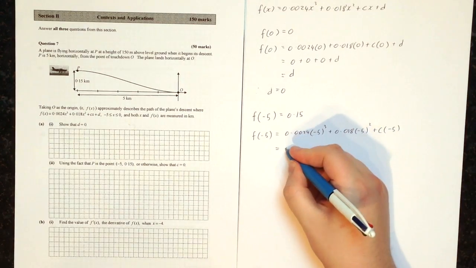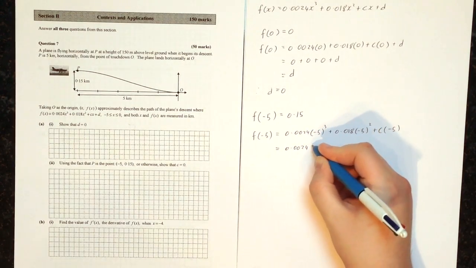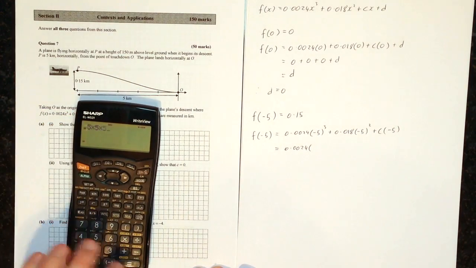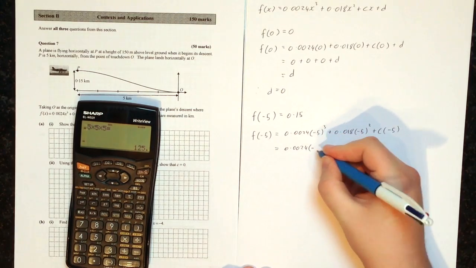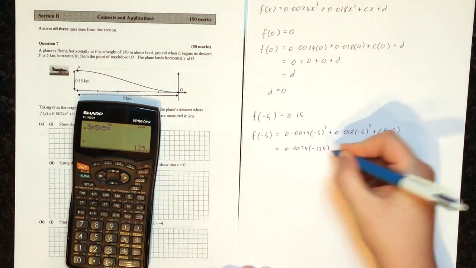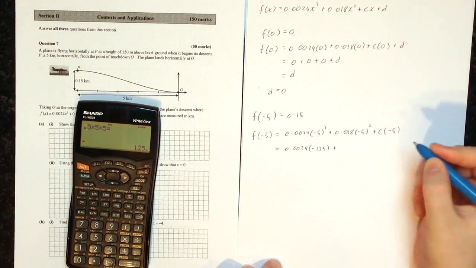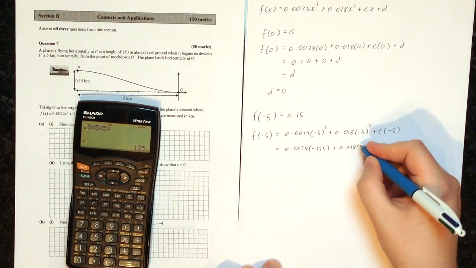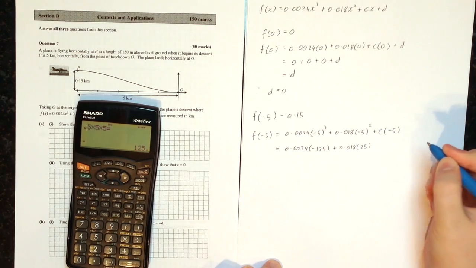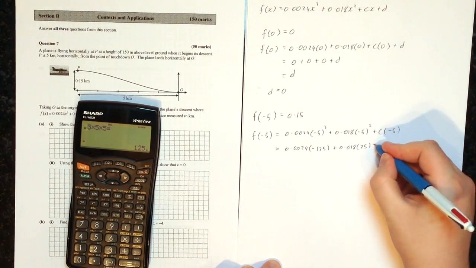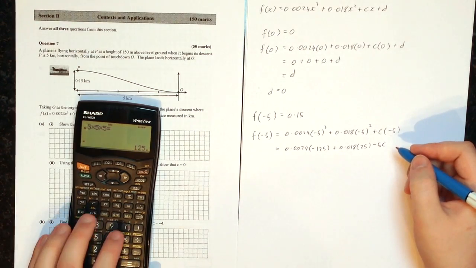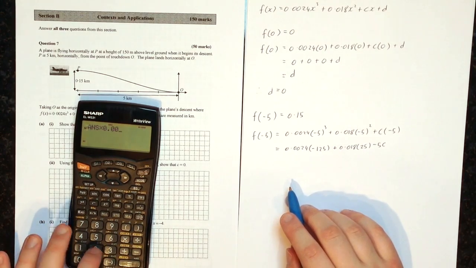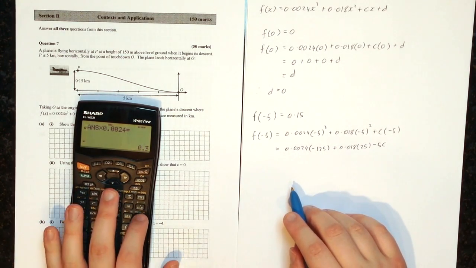So that's going to be equal to 0.0024 multiplied by 5 times 5 times 5 is 125, so we have minus 125, plus 0.018 multiplied by minus 5 squared is plus 25, and c times minus 5 is minus 5c. So 125 multiplied by 0.0024 is going to be equal to 0.3.